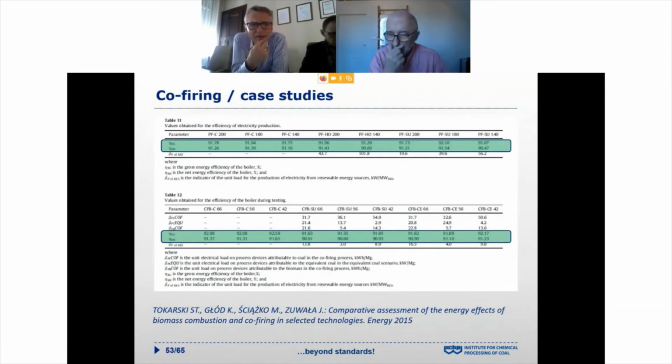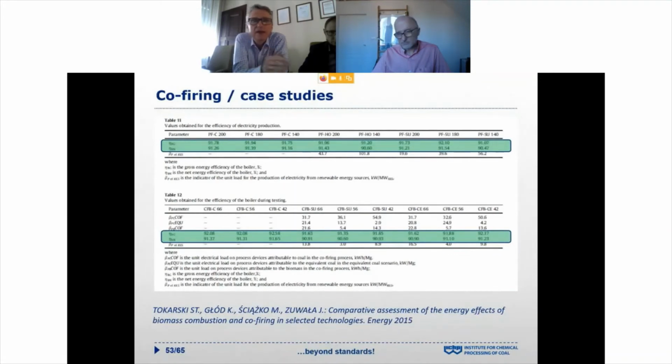I would say it depends on the kind of scenario of co-firing, because what we observed when we were co-firing loose straw from the bales was that the loss of boiler efficiency was higher because the bigger pieces of the straw were not able to combust.